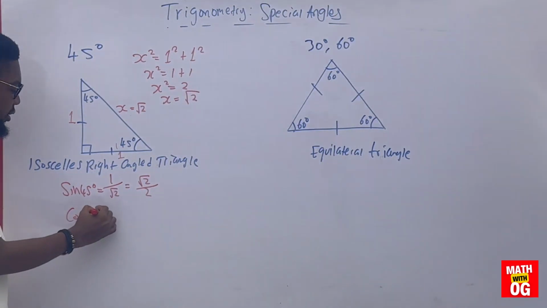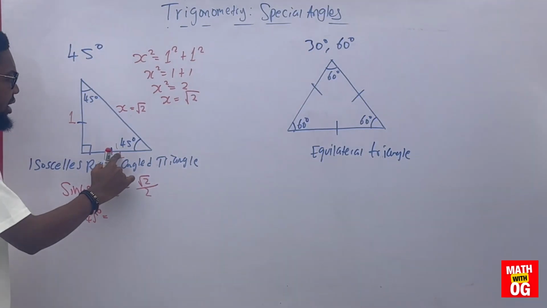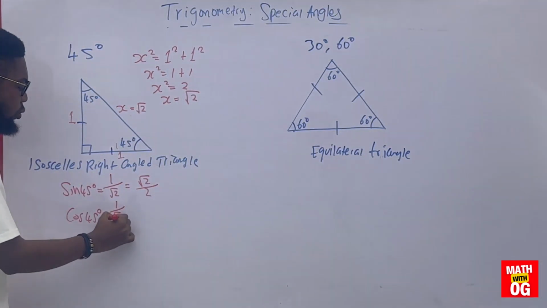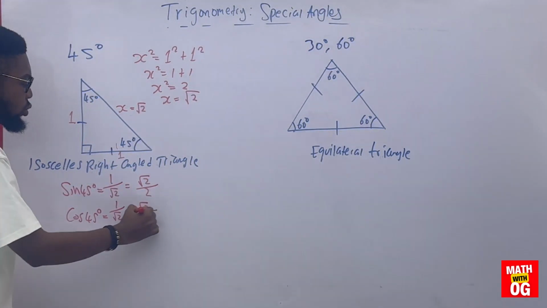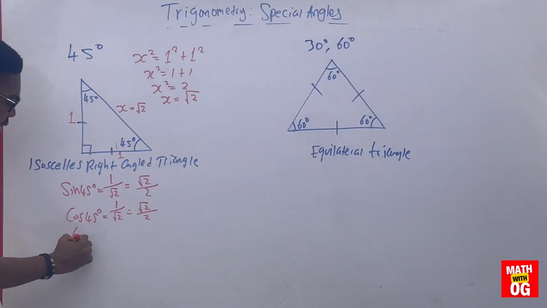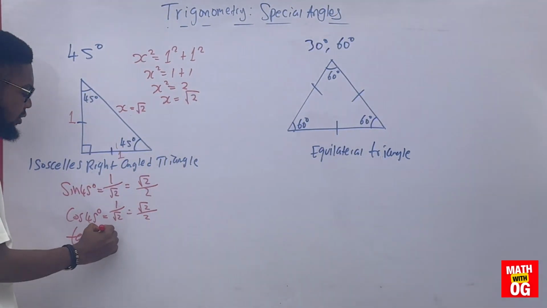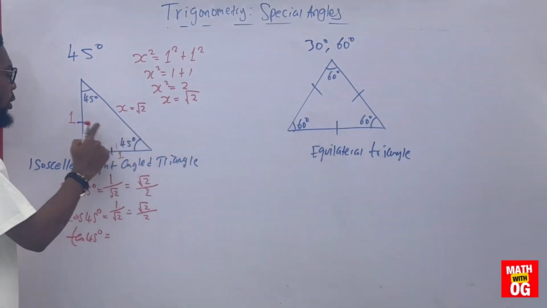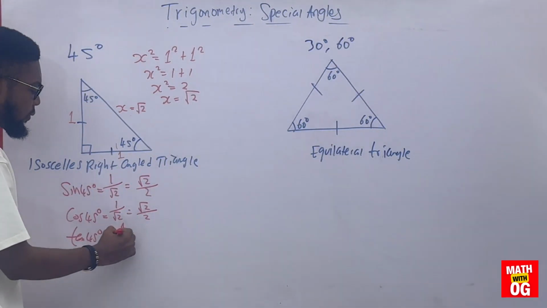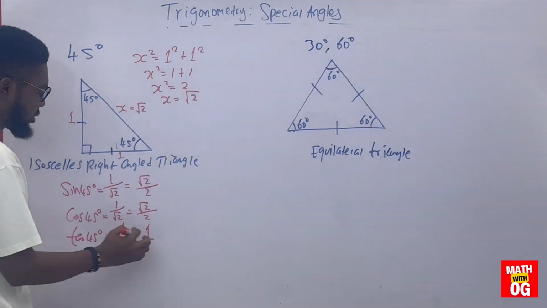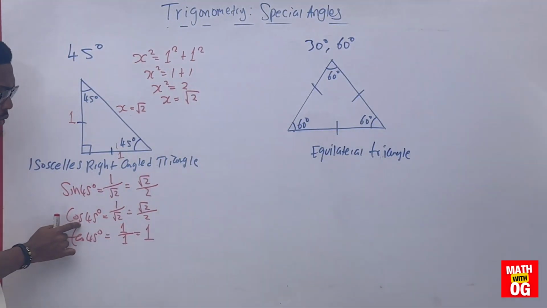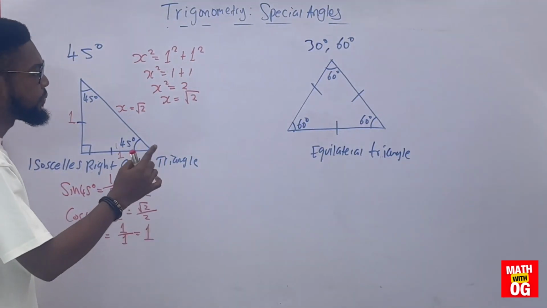My cos 45 degrees is equal to adjacent over hypotenuse, 1 over root 2, which can also be written as root 2 over 2. Lastly, we have tan 45 degrees. Tan 45 degrees is opposite over adjacent, which is 1 over 1, which is equal to 1. So these are the values of sin 45, cos 45, and tan 45.